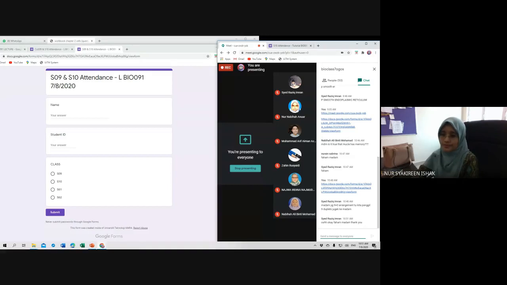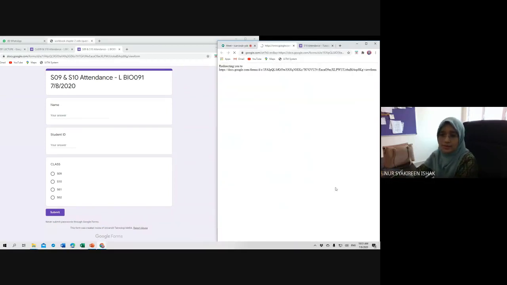Okay. So make sure you all kalau tak ada soalan, kalau ada soalan boleh lah terjah je sekarang ni. Tapi kalau tak ada, boleh see attendance.